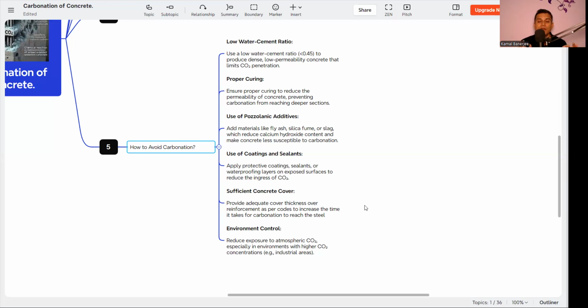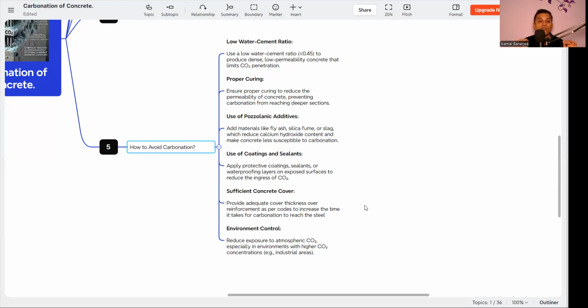Then the environmental control, that is very much important. This is the factor. If the carbon dioxide in the atmosphere is at the desired level or within the acceptable limit, then the carbonation will not happen. But due to the carbon emission or the carbon footprint on the earth, the carbon dioxide level is increasing, and as a result our concrete is also exposed to the carbon atmosphere, and the carbonation of concrete is happening.